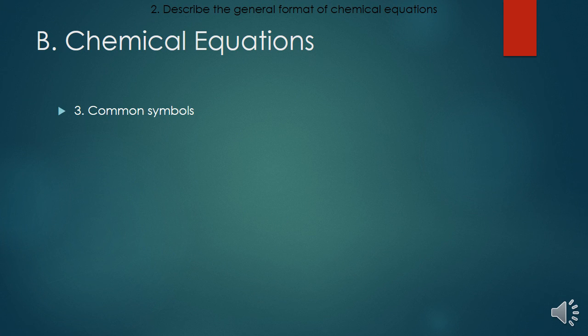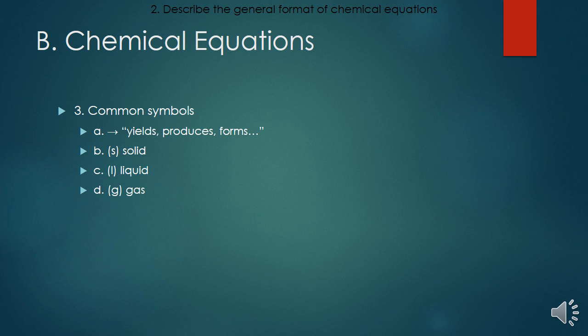All right, so we've seen some examples of chemical equations. What we should be able to do now is look at some symbols in these equations and know exactly what they mean. Some common symbols, many which we've already seen here. If we have an arrow, that separates our reactants and products. It might be read as yields, produces, forms. You could probably look this up in a thesaurus and find all sorts of other words that you could use for it. Physical states are indicated in parentheses.